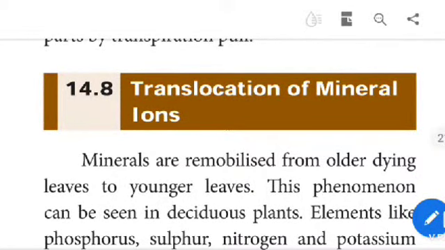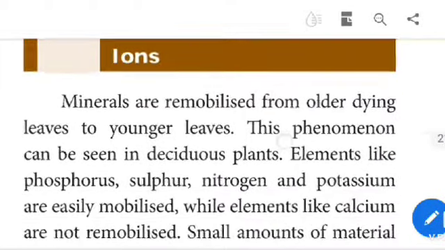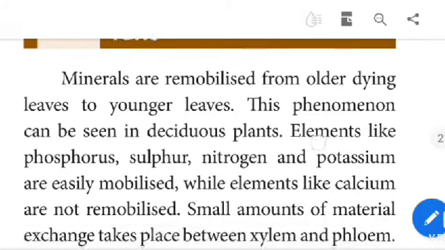Translocation of mineral ions. Minerals are remobilized from older dying leaves to younger leaves. This phenomenon can be seen in deciduous plants.